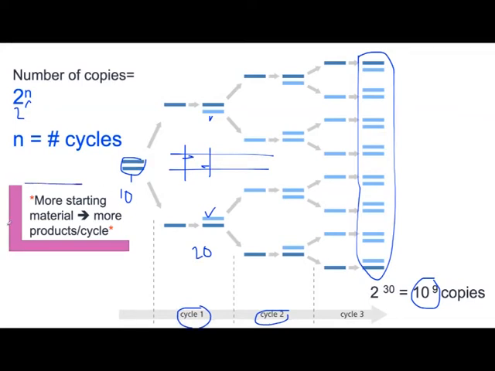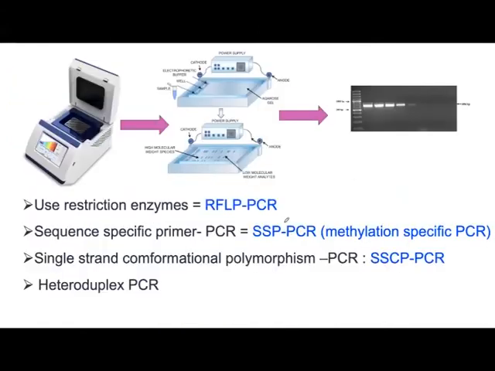Why I'm mentioning this is important: one of the applications is to quantify, and this is actually the basis of quantification. The more starting material, the more product you get per unit time. So the equation I'm showing you here is based on one molecule. If you have 10 molecules, it's 10 times 2 to the power of n. So you're going to get more products every cycle if the starting material is much more.